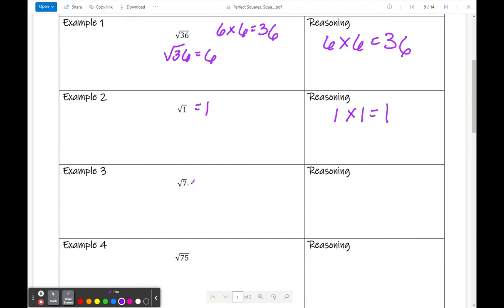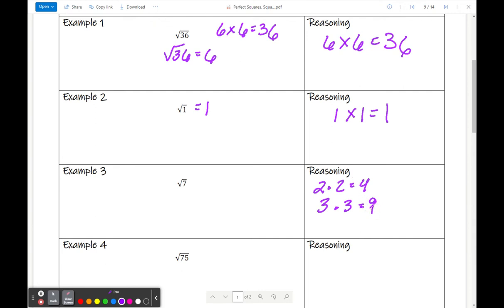The square root of 7, let's see, 2 times 2 is 4, 3 times 3 is 9. There's no integer between 2 and 3, which means that I have to estimate the square root of 7. So would 7 be closer to 4 or closer to 9?